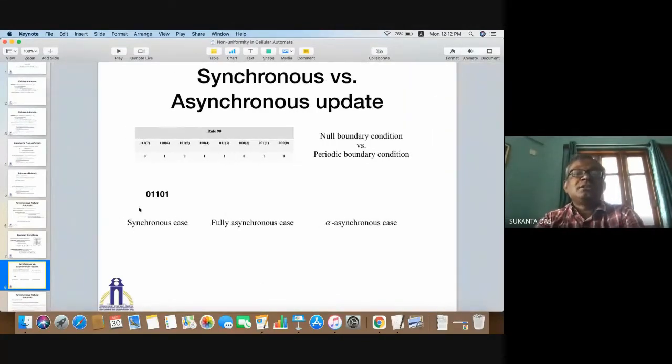So here let us consider this one, 0, 1, 1, 0, 1, and this is my rule 90. First we consider null boundary condition. Okay, let's see how we get the configurations.